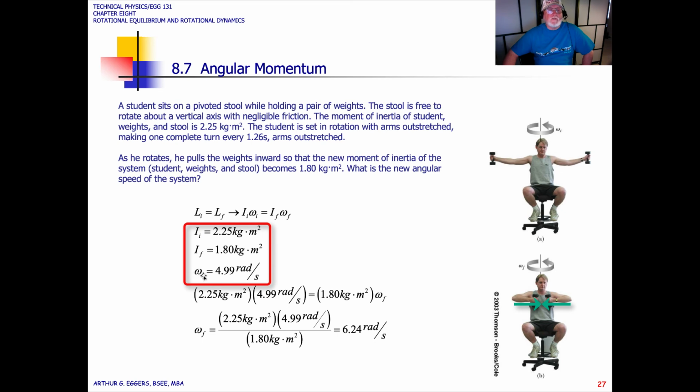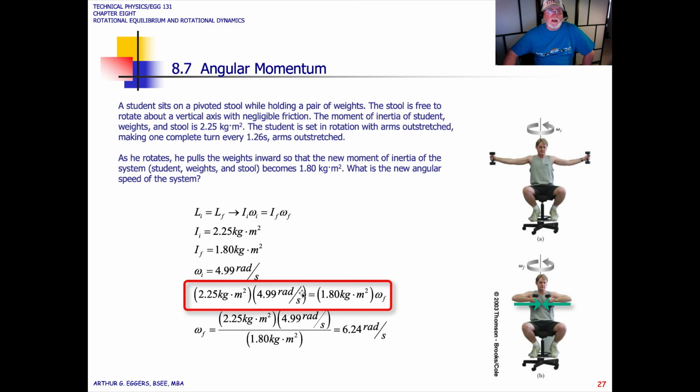And we just solved for the angular velocity, almost 5 radians per second. So 2.25 kilogram meters squared times almost 5 radians per second. When I multiply those together, I come up with a value in kilogram meters squared per second, and set that equal to the final 1.8 kilogram meters squared times omega final.